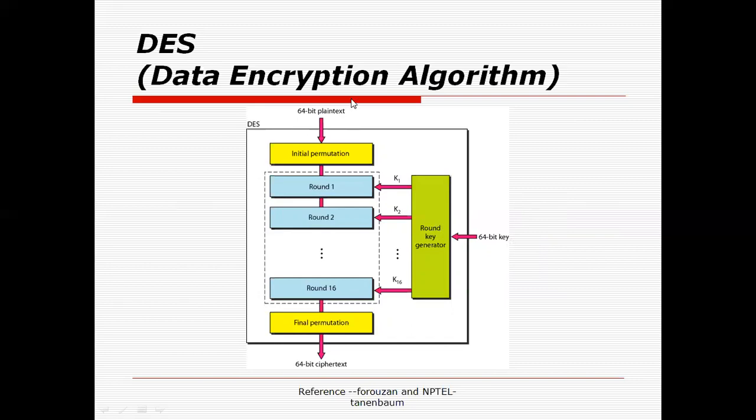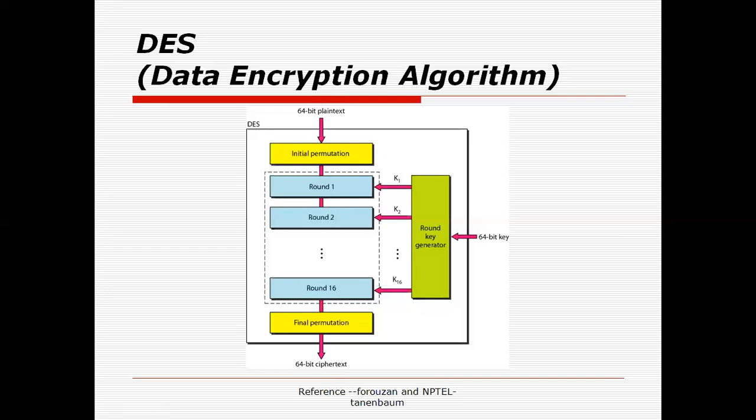Now this is a block cipher technique. Block cipher means at a time we take a fixed-size block. So a 64-bit plain text is taken at a time and the output will again be 64-bit. First we perform an initial permutation. Permutation means rearranging of the columns.